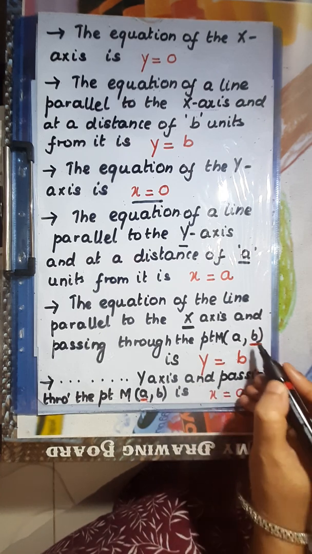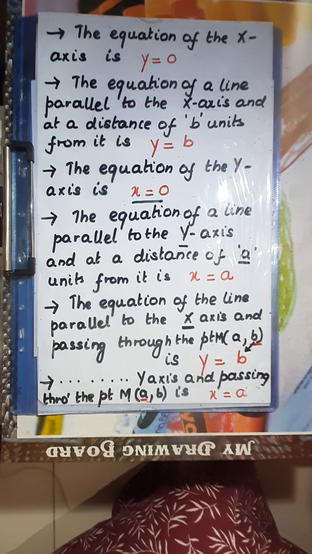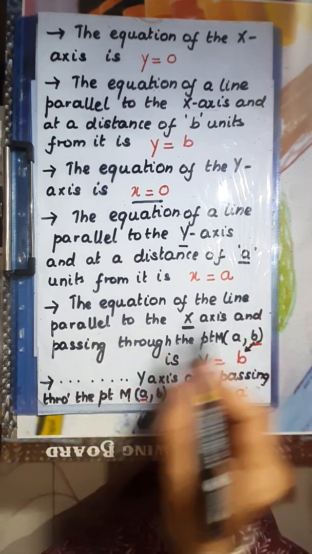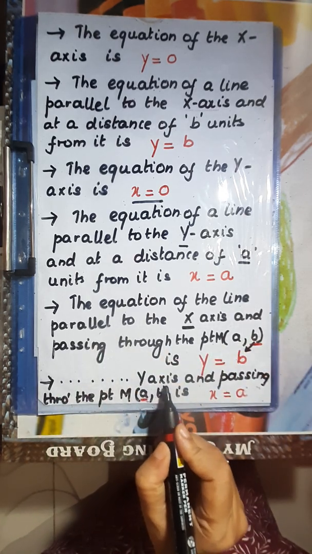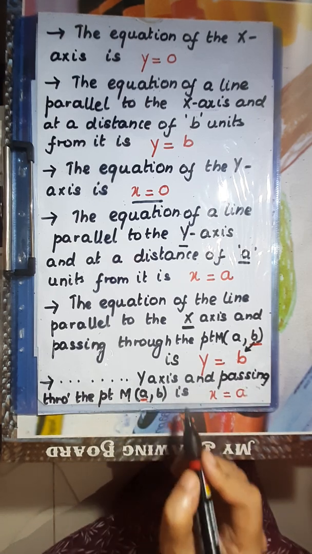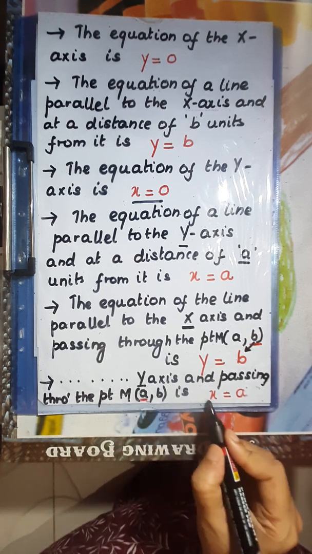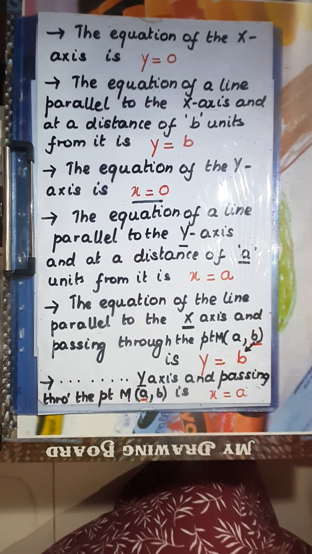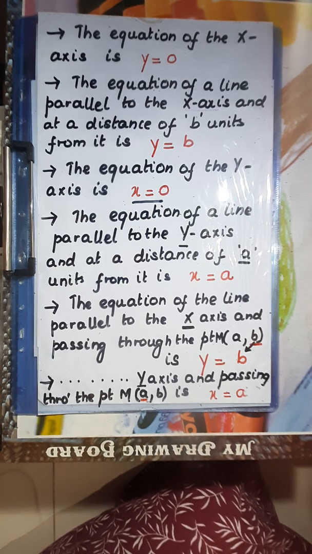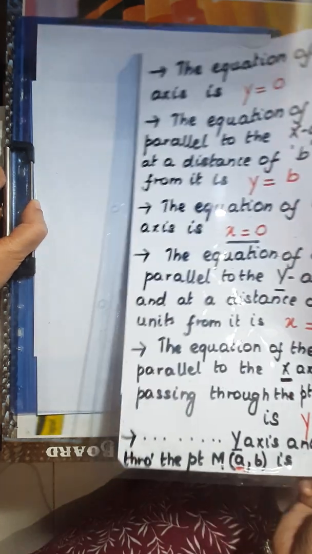Therefore, y is equal to the y coordinate, y is equal to B. Similarly, the equation of the line parallel to the y-axis and passing through the point M (A, B) is x is equal to A. We will keep referring to this again and again till we get this thoroughly. It's a very, very important page to write.